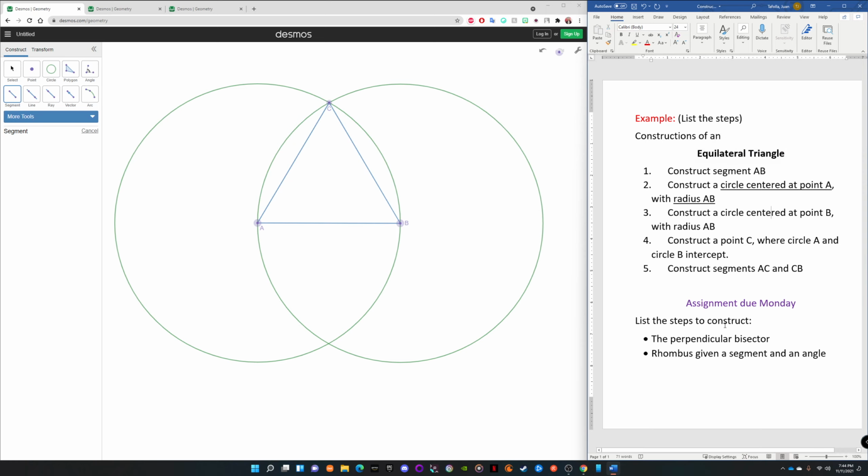You want to do the exact same thing for the perpendicular bisector and the rhombus given a segment and an angle. Now for the sake of making your work a lot easier, I'm going to show you how to construct both the perpendicular bisector and the rhombus given a segment and an angle. It's going to be your job to try to do them yourself.